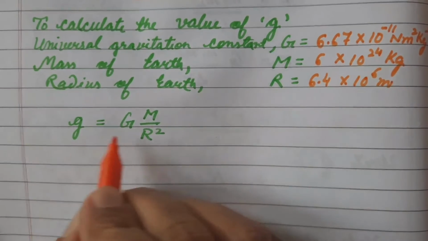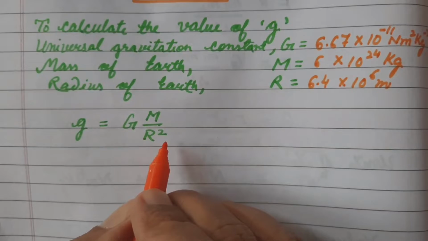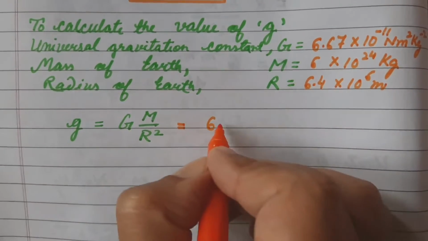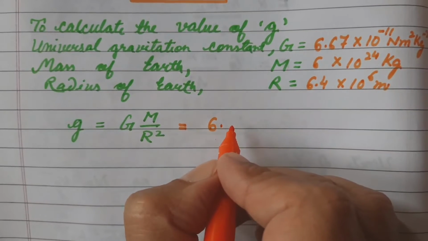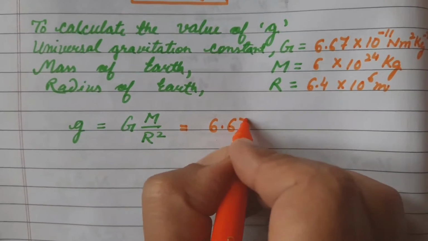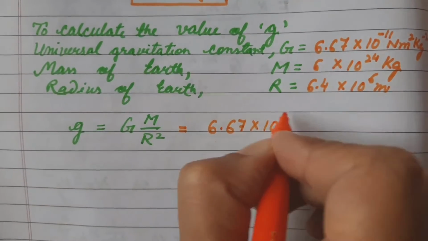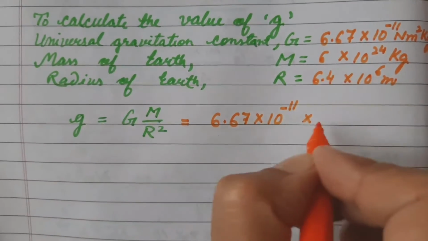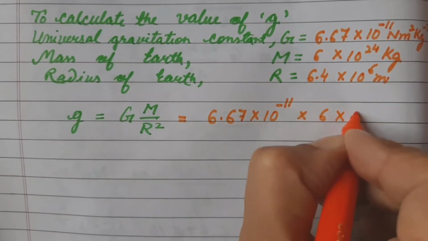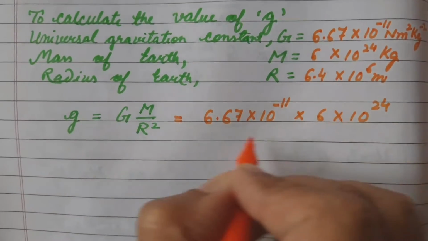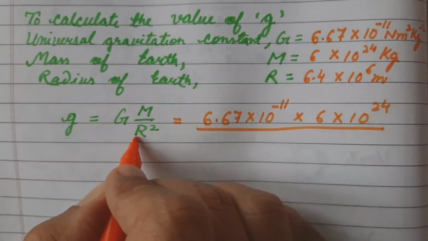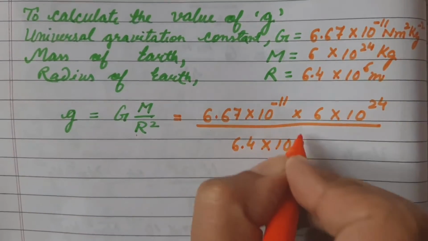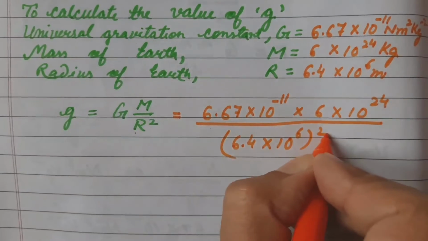As we know, g is equal to GM upon R square. Let us fill in the values. Universal gravitational constant, 6.67 into 10 raised to power minus 11, into M, that is 6 multiplied by 10 raised to power 24, upon R square, 6.4 into 10 raised to power 6 square.